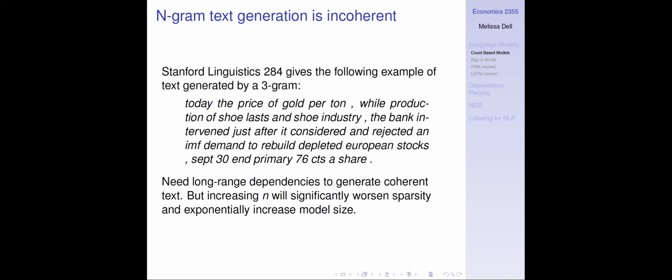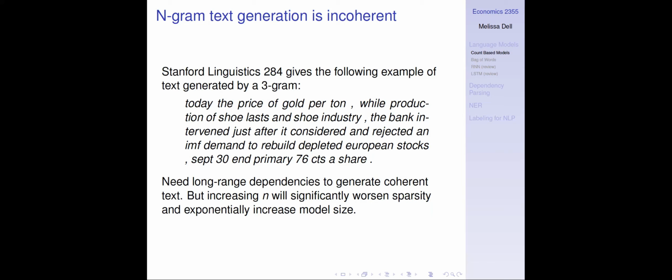There's a Stanford linguistics course that gives the following example of text generated by a 3-gram. It says, today the price of gold per ton, while production of shoe lasts in shoe industry, the bank intervened just after it considered and rejected an IMF demand to rebuild depleted European stocks. September 30th, end primary.